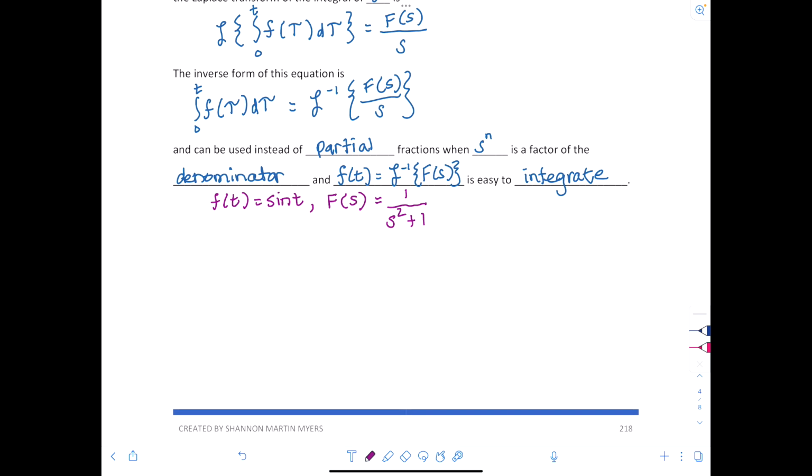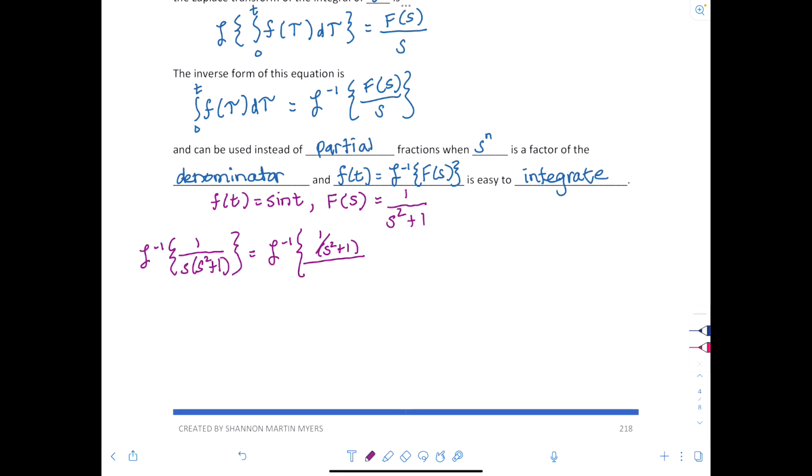All right, so now we can utilize this to find some other cool stuff. We did one of these already. So if we take a look at L inverse of 1 over s times s squared plus 1, then you would want to think about that as L inverse of the 1 over s squared plus 1 that we know is a Laplace transform result for sine at t.